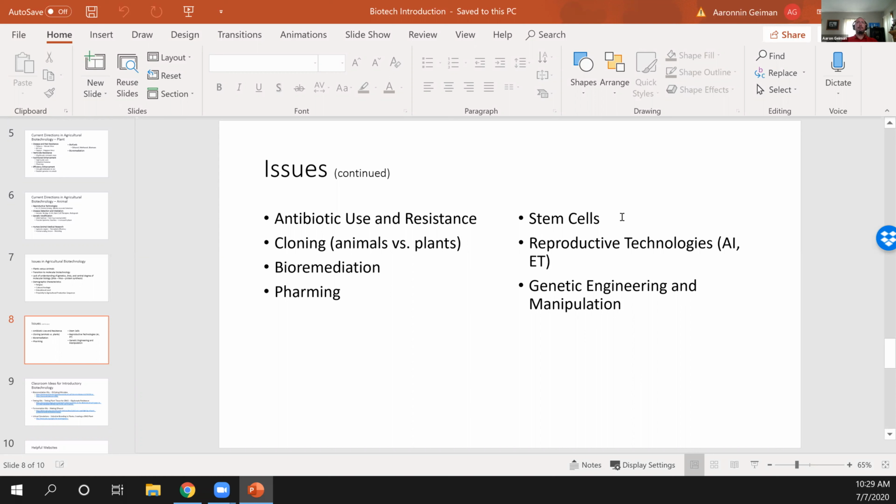Stem cells get in there because of religious implications, and pulling stem cells out of embryonic animals, which requires interfering with the reproductive process, and in some cases taking the embryo out before term.